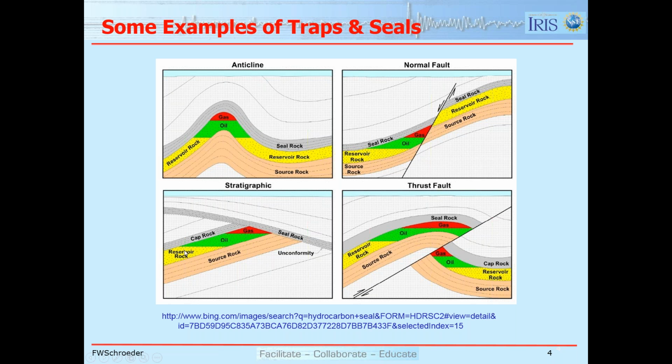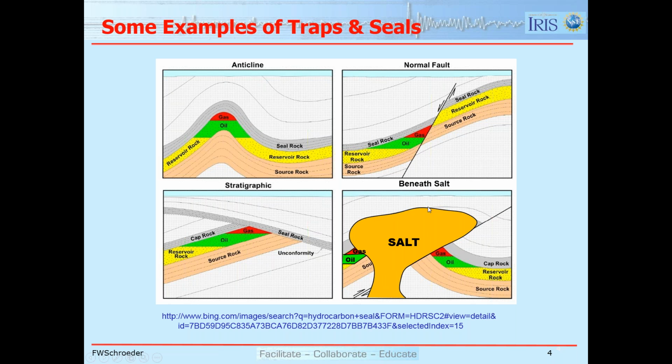We can have stratigraphic traps. Here we have an unconformity, and oil and gas is trapped beneath the unconformity, given that on top of the unconformity, we have a sealing lithology. And here we have, instead of a normal fault, a thrust fault or a reverse fault. We can trap oil and gas on the hanging wall or within the footwall. And then I've added one more, that is traps beneath salt.